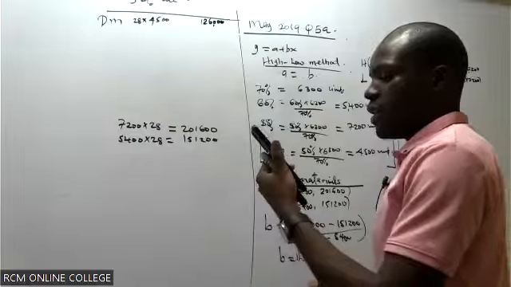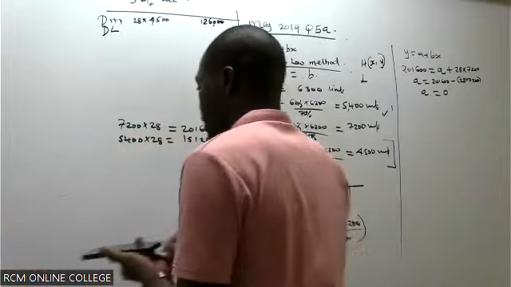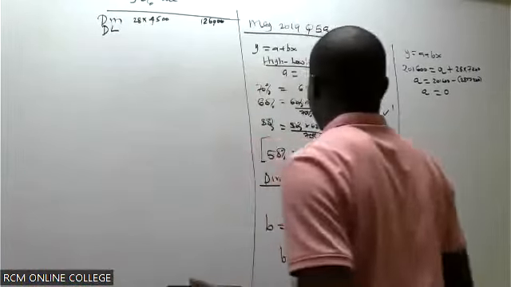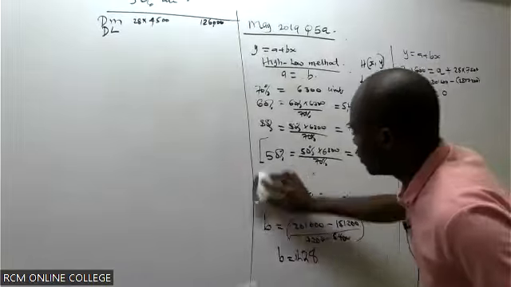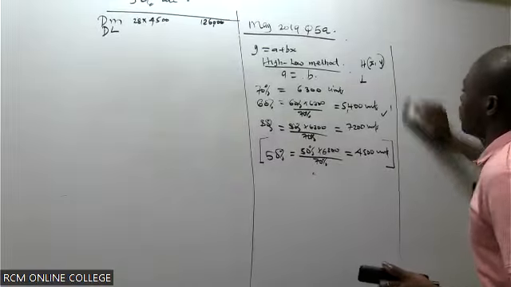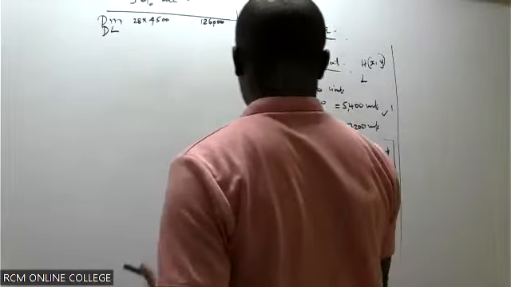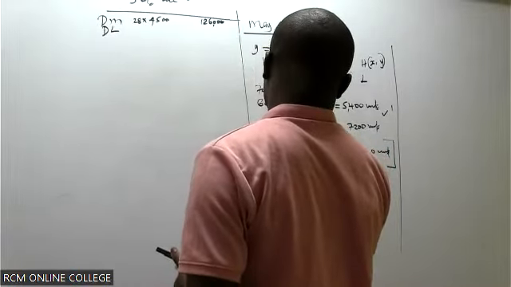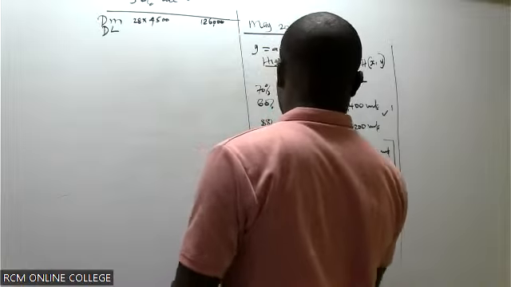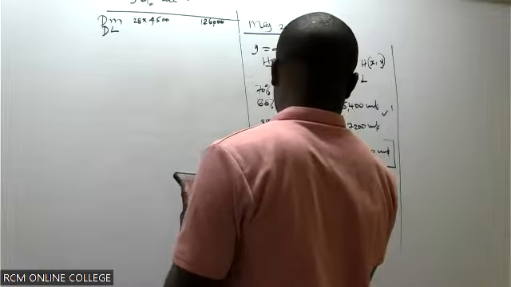The next thing that is given there is direct wages or direct labor. Let us now calculate your direct wages. For the direct wages, we follow the same procedure. Direct wages, high is going to be 86,400.